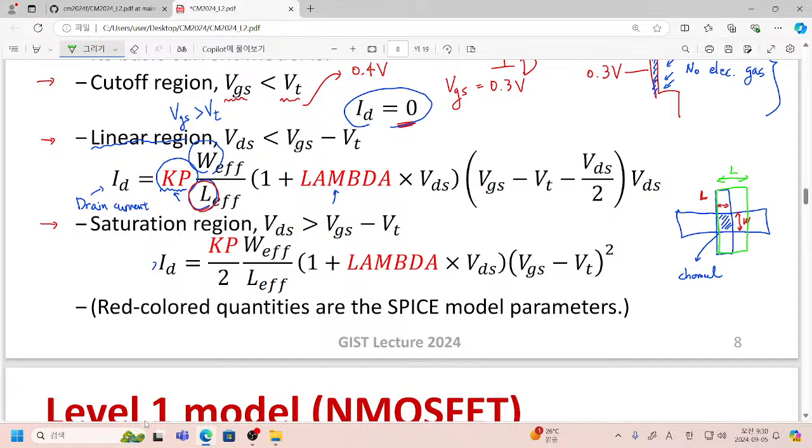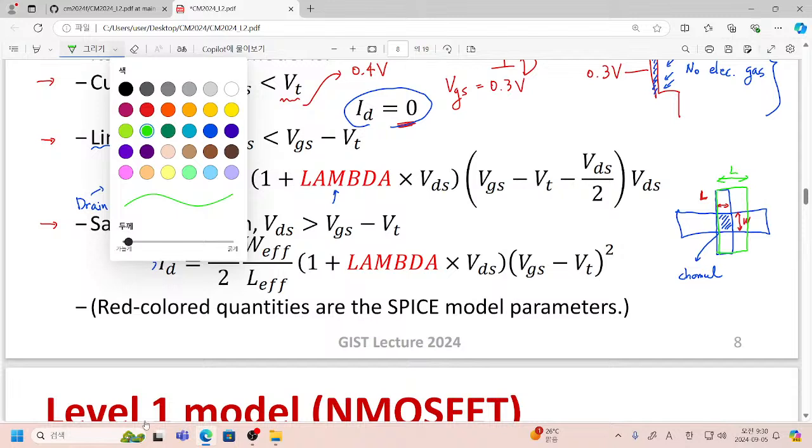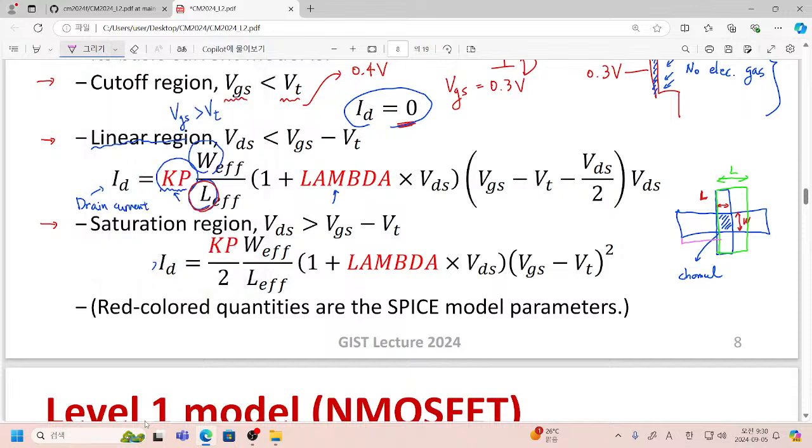And if you want a wider device, then what you have to do is just increase the size of this rectangle, then you will have a wider device.